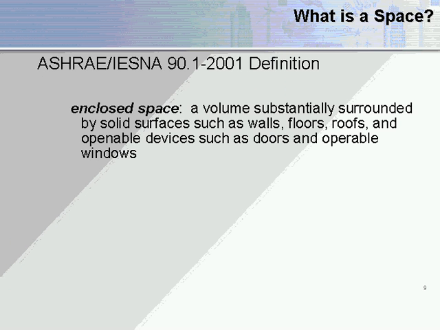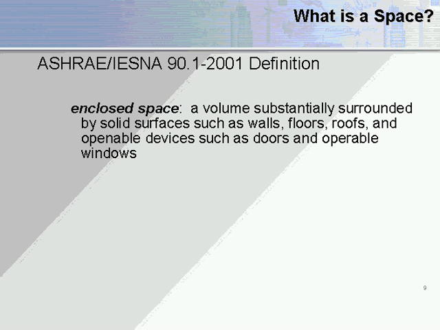Okay, let's take a look at what we're talking about from a space standpoint. If you get into the IECC and look at the term space, you'll find that space is not defined within Chapter 2 of the definition section. But space is defined under ASHRAE 90.1, 2001, and ASHRAE 90.1, 1999, depending on the code you're looking at. So if we look at the term for enclosed space, we have a volume substantially surrounded by solid surfaces, such as walls, floors, roofs, and operable or openable devices, such as doors and operable windows.